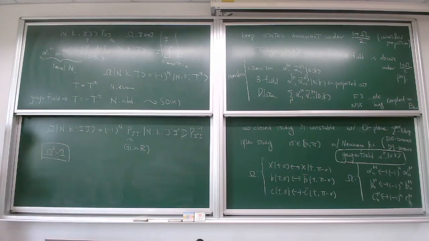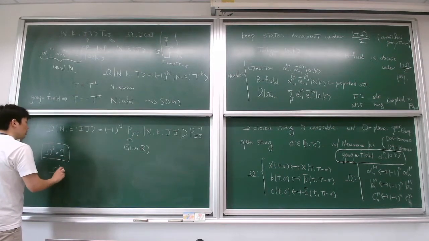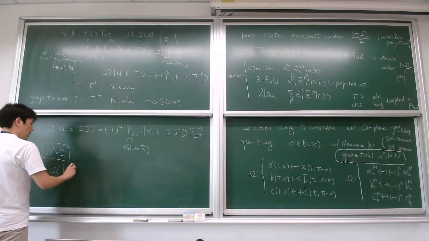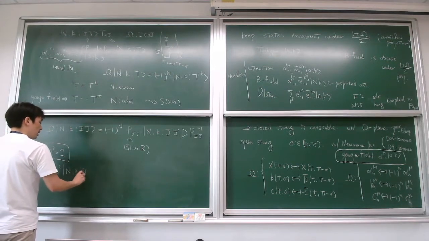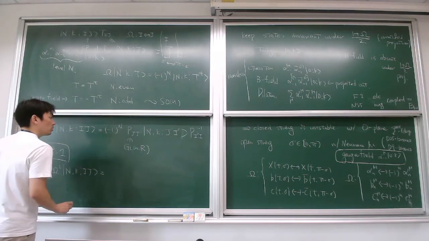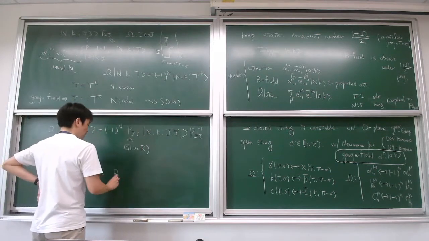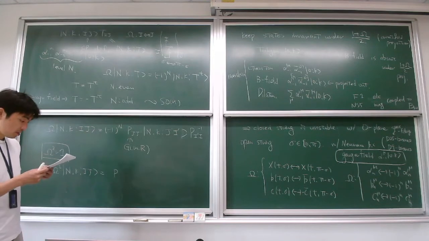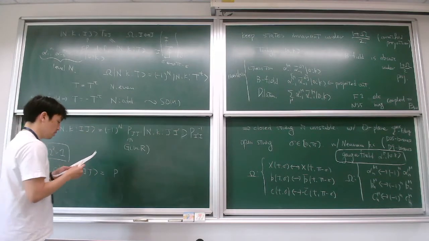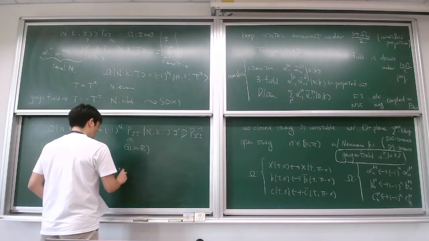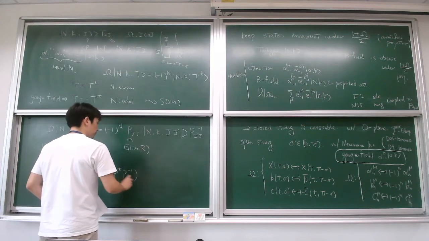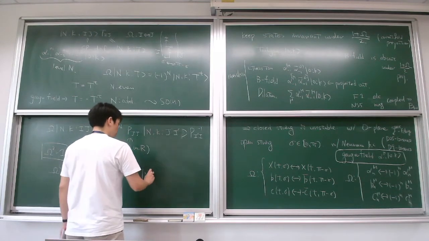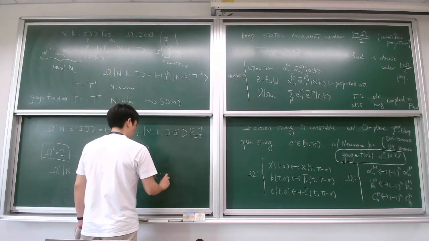Okay. So if you apply it twice, what you would get is Nk I j is equal to P P^T P inverse, so P^T P inverse Nk I j.